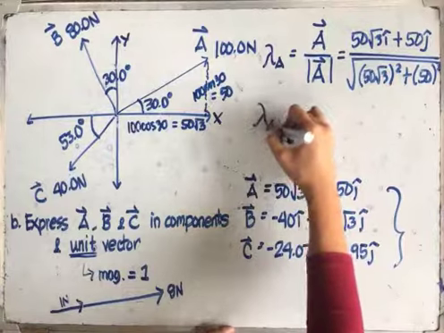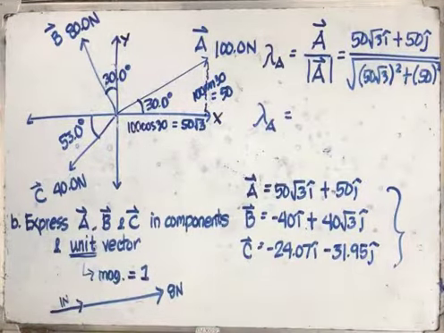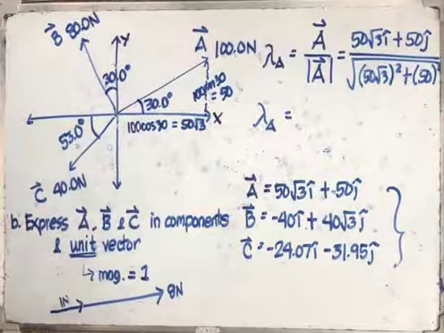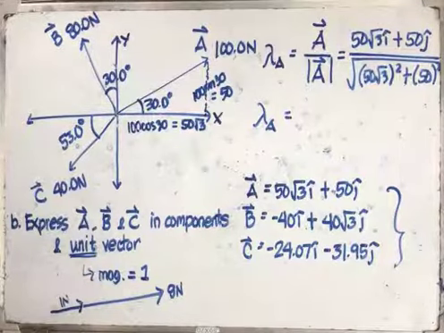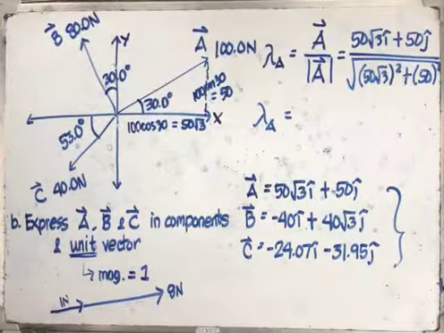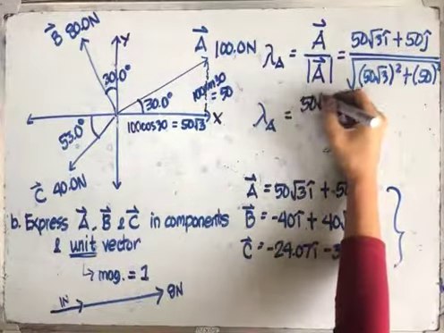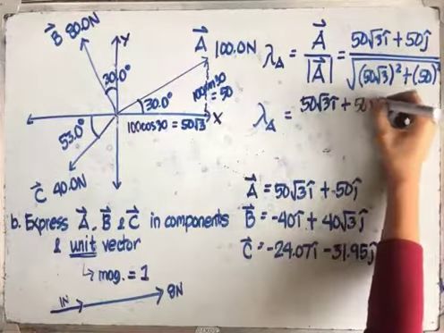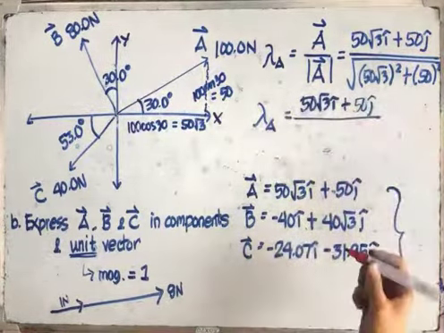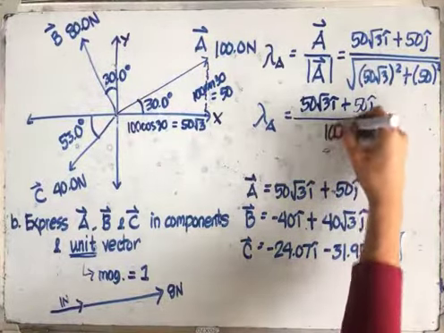So that lambda A natin, the unit vector for vector A would be 50 square root of 3 I hat plus 50 J hat, and yung sa baba, if you compute that, that would give you 100.